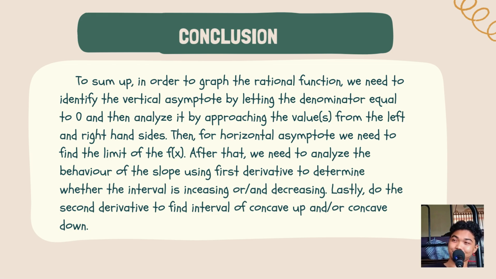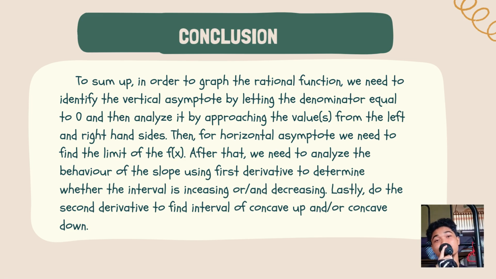Assalamualaikum, we meet again, just that my face is a little bit bigger. For the conclusion, I will conclude our presentation. To sum up, in order to graph a rational function, we need to identify the vertical asymptote by letting the denominator equal to 0, and then analyze it by approaching the values from the left and right hand sides.